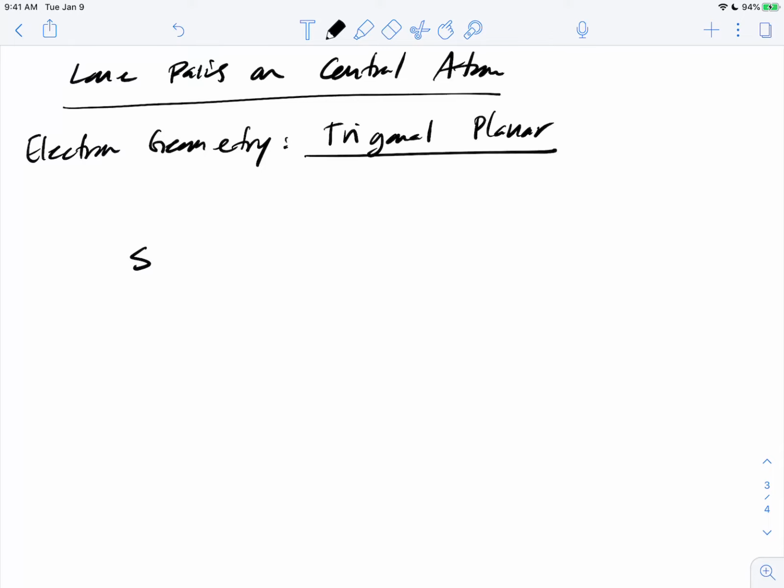So we have S, double bond, and you can do it like this, or without showing the orbital. I like to draw the orbital just because it gives some space. It shows you that it's taking up more space.